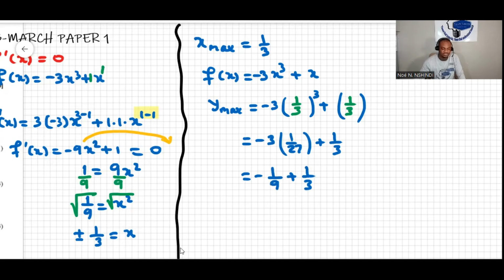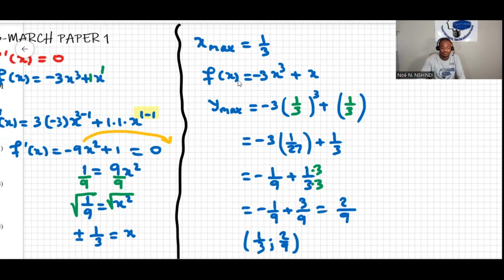I can multiply this fraction by 3 over 3 so that I can add the fractions: negative 1 over 9 plus 3 over 9. This is equal to positive 2 over 9. So the maximum is at the point 1 over 3, 2 over 9. This is the maximum of f of x.